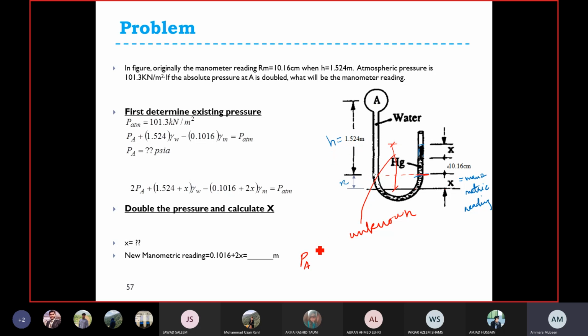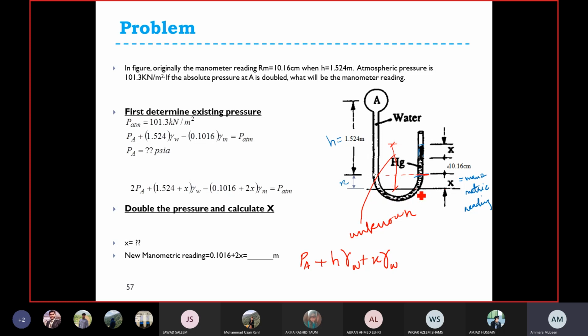H depth is known to you, plus H multiplied by gamma of water. Then again we have to go downward by x distance. x is also the same fluid, water. So plus x into gamma of water.